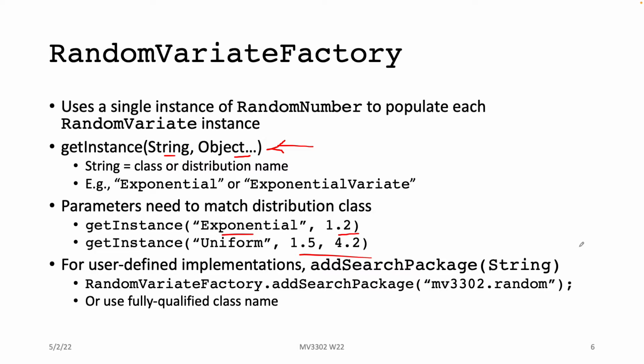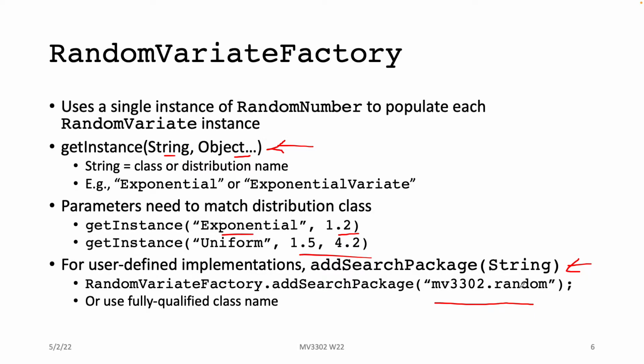There are a number of ways of doing that, but the most straightforward is to call addSearchPackage and give it a string, and the string is the package, telling the random variate factory, look in this package for stuff. So for example, and we'll see in a moment, if we add the search package move3302.random, it says, look here for random variate stuff.